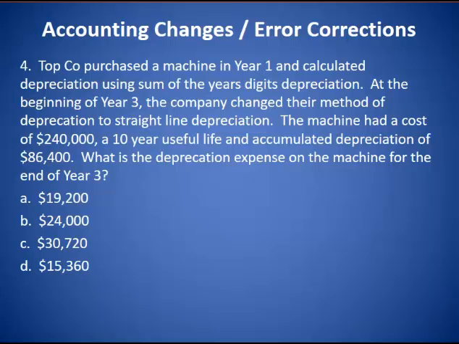The machine had a cost of $240,000, a 10-year useful life, and an accumulated depreciation of $86,400. So what is the depreciation expense on the machine for the end of year 4 under this circumstance? Again, go ahead and stop the video. When you are ready with the answer, go ahead and restart the video for the answer.